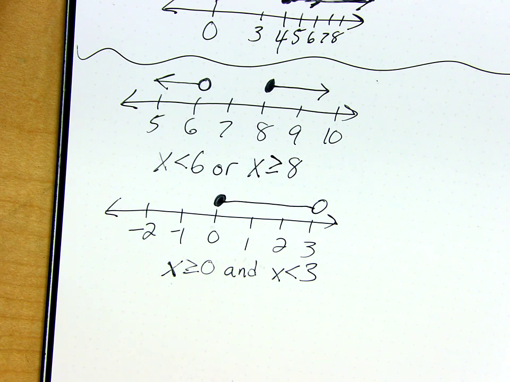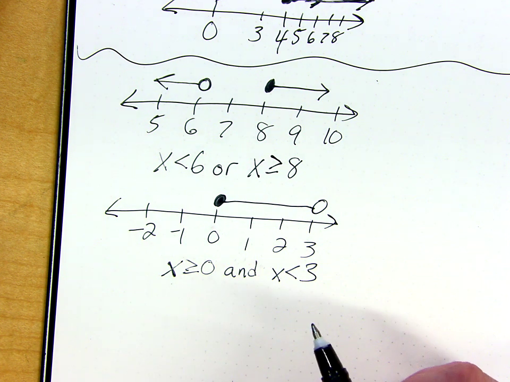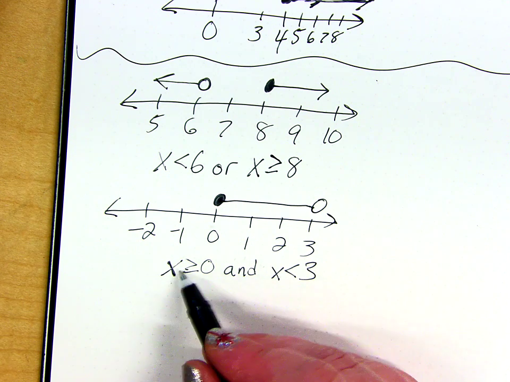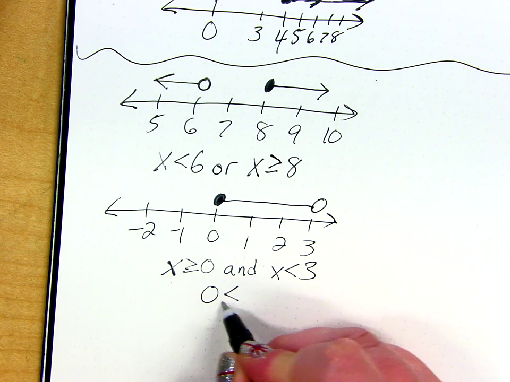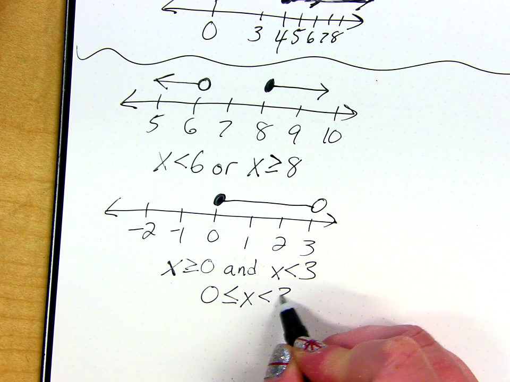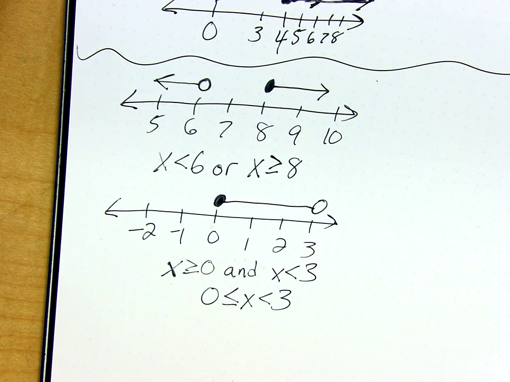You can also write this, since this is an and, as one chunk. Does anybody write it as the one chunk? If you're going to write it as the one chunk, you take your smaller number of the two, which in this case is 0. Your arrows always point this way. So I basically have the same things that she has.